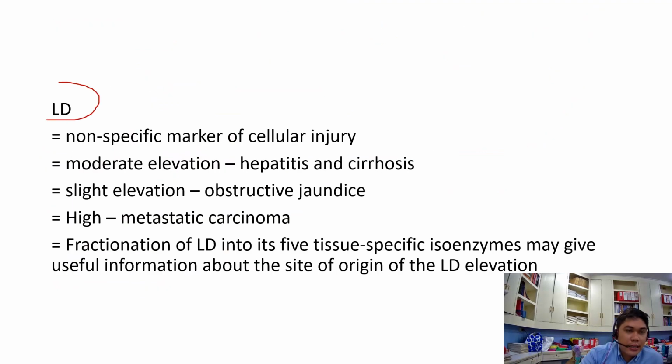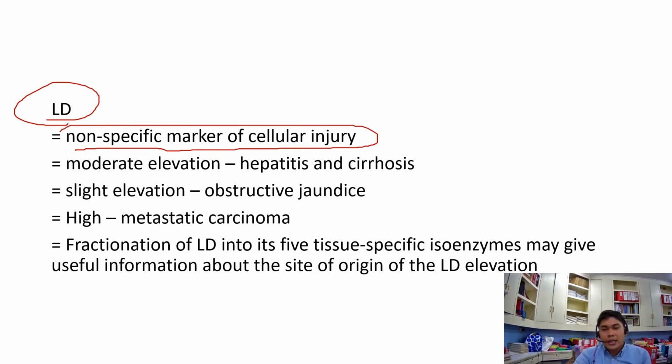Next is lactate dehydrogenase. Lactate dehydrogenase is a non-specific marker of cellular injury because it has a wide tissue distribution. There is moderate elevation in LD in hepatitis and cirrhosis, slight elevation in obstructive jaundice, and significantly high concentration of LD in metastatic carcinoma.